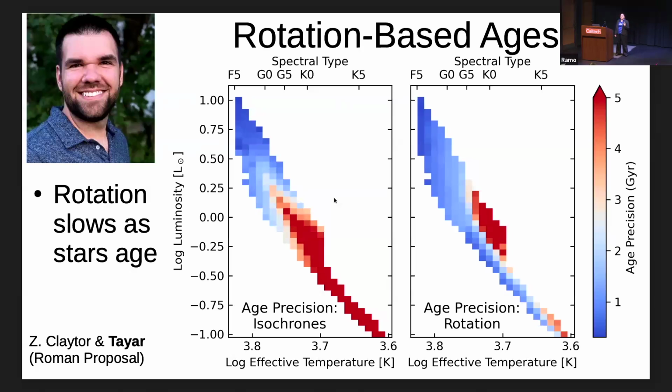And what we find is there are many regimes where the age you get from gyrochronology, even taking into account all of the uncertainties that you heard about earlier, may be better and more precise and more accurate than the age you would nominally infer from the models. And so if you're working in kind of the K to M dwarf regime, those model ages are really hard and really uncertain. So you may actually do better using the rotation and the gyrochronology to give you some estimate of the age.